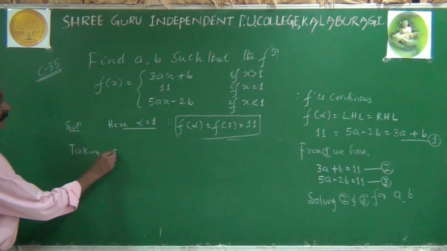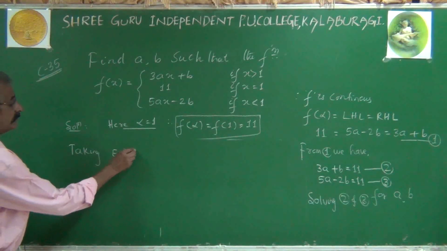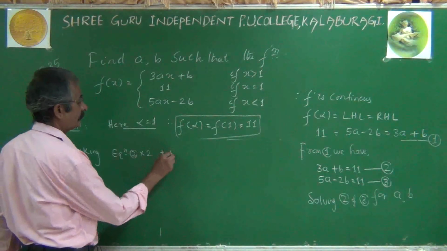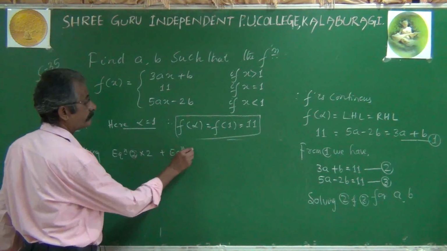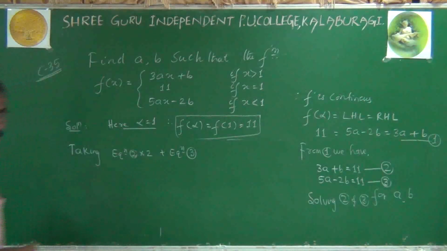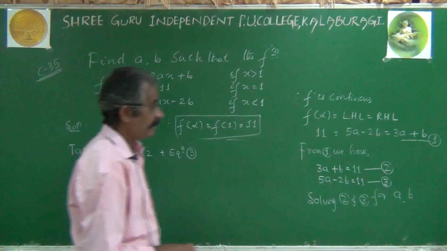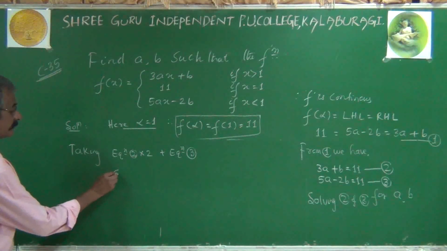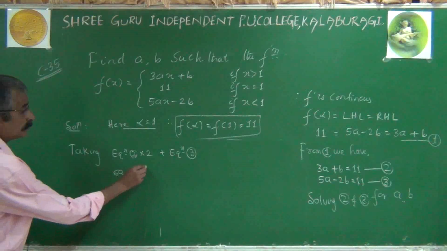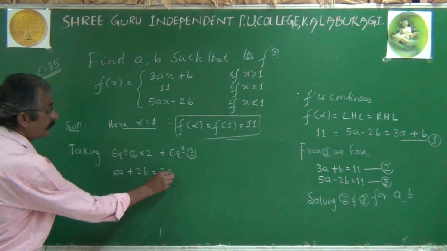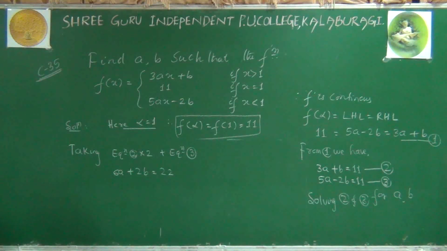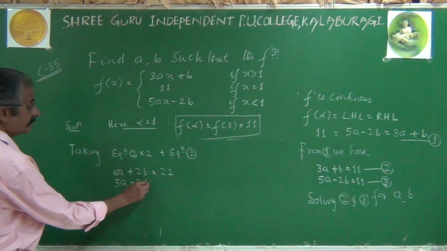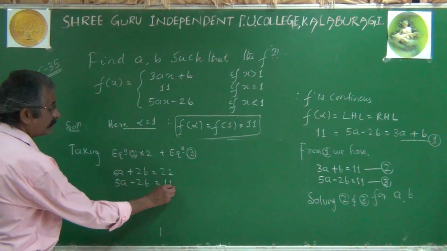Taking equation 2 into 2 plus equation 3, we multiply equation 2 by 2: 2 into 3, 6a, 2 into b, 2b, 2 into 11, 22. The third equation remains the same, 5a minus 2b equals 11.